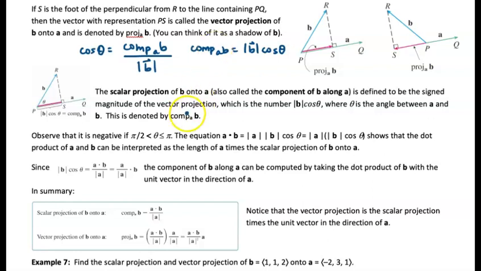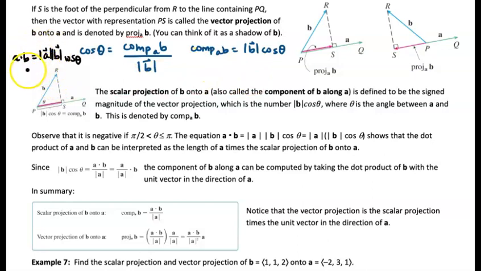Now one more thing we have to remember. Remember that equation, the dot product of A and B is equal to the magnitude of A times the magnitude of B times the cosine theta, right? So we have this formula here.